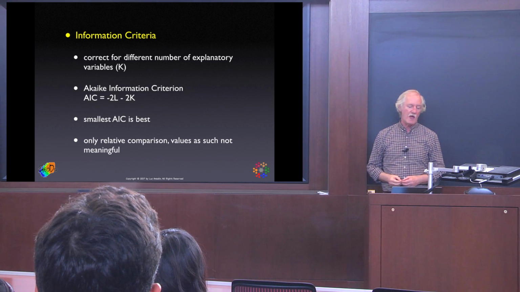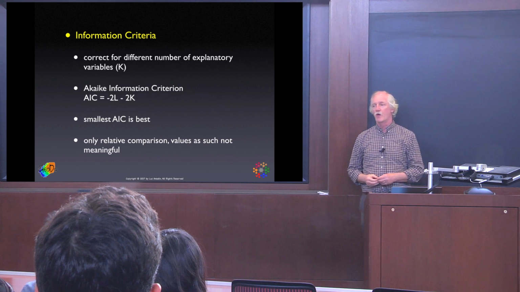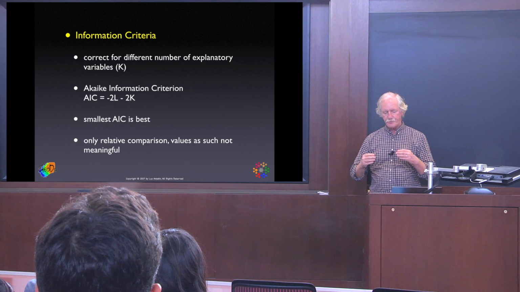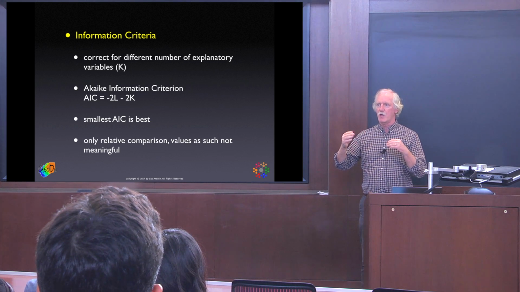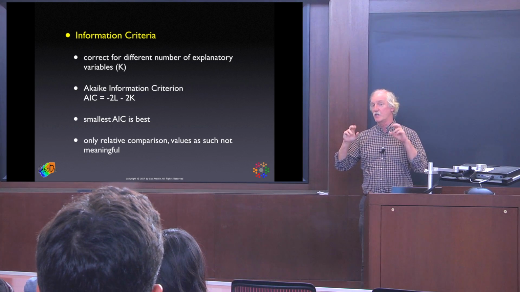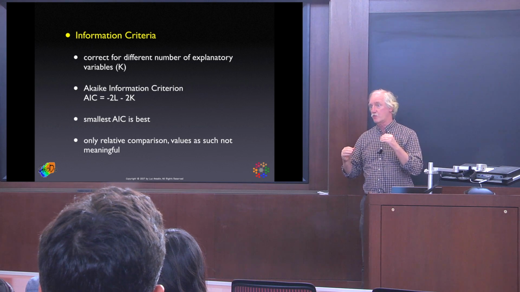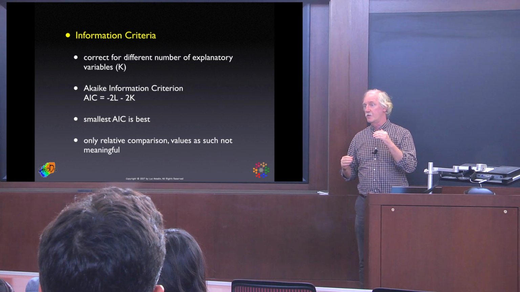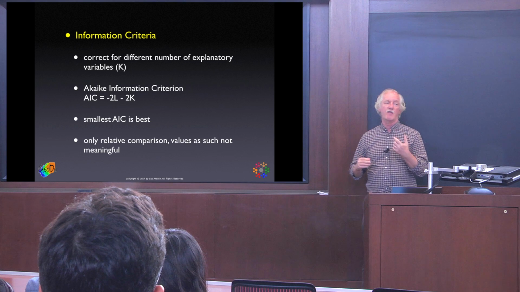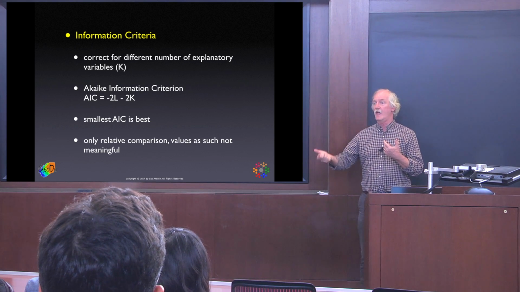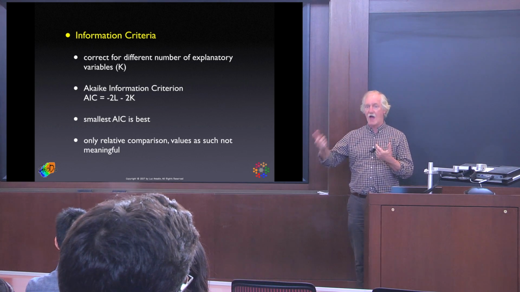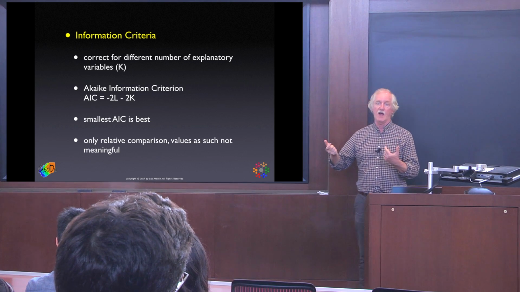And so you can have situations where the likelihood of one model is better than another model, but the adjusted likelihood, the information criterion, is not. Say if one model has 5 variables and another model has 8, the one with 8 will always have a higher likelihood than the one with 5.